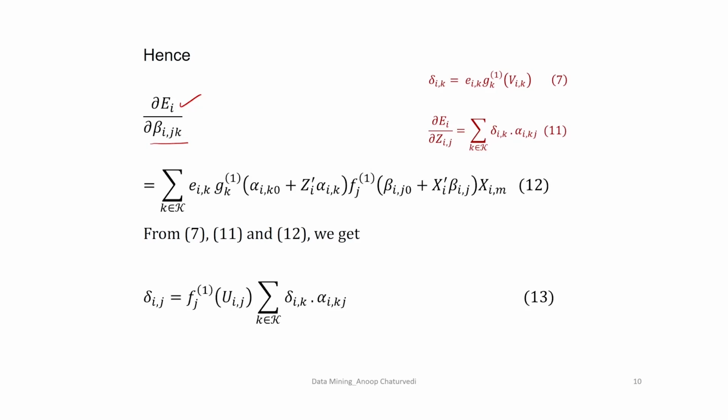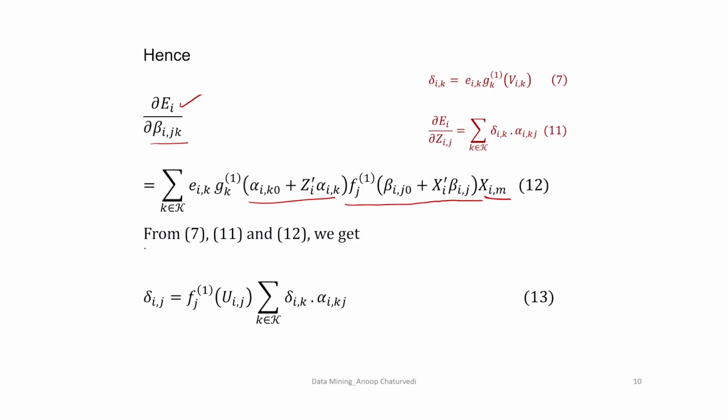Now we substitute the value of V_ik here, which is alpha_ik0 plus Z_i transpose alpha_ik, and then we obtain f_j1(beta_ij0 plus X_i transpose beta_ij), the first derivative of the activation function from the input layer to the hidden layer, or the activation function at the hidden layer, and then we obtain X_im here.